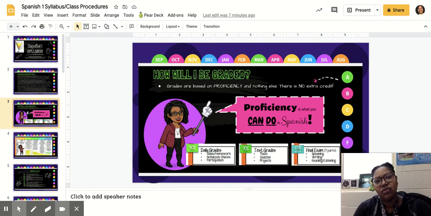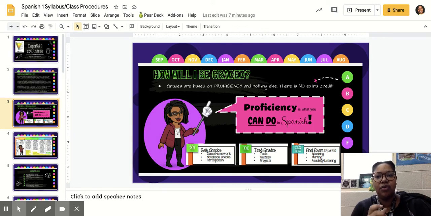What falls under test grades in my class? Tests, of course. Quizzes. All of your quizzes are also test grades. And then any projects that we have. And projects can be something like a research-based project, which in Spanish 1 more than likely will be something that you learn about.